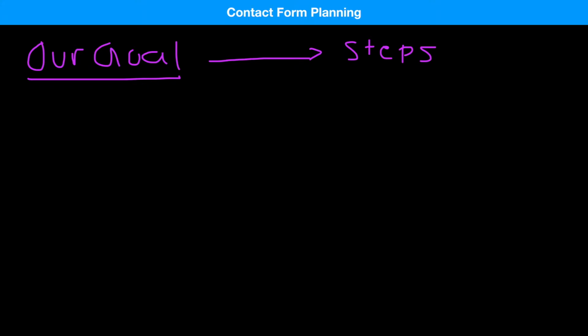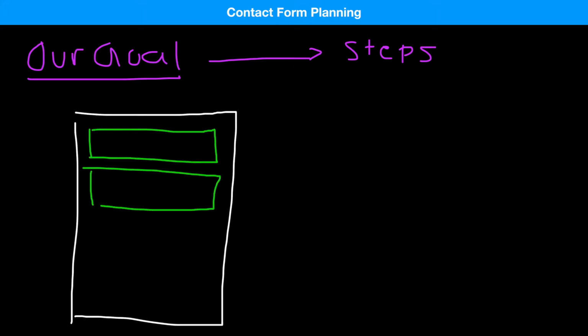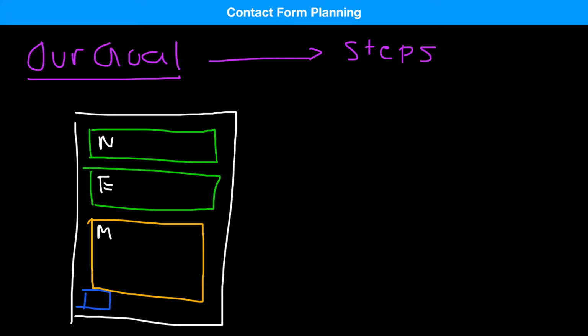So my vision of this project is we have a form which has 3 fields: a name field, an email field, and then a message field. So this will be the name field, this will be the email, and this will be the message. And then we want a submit button.